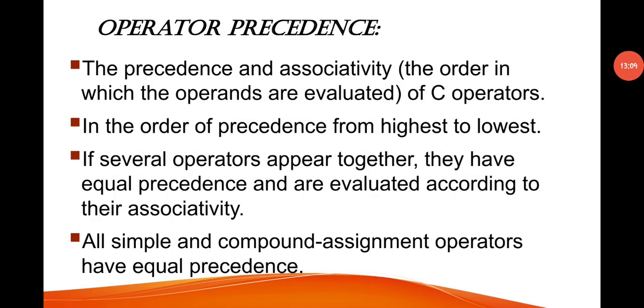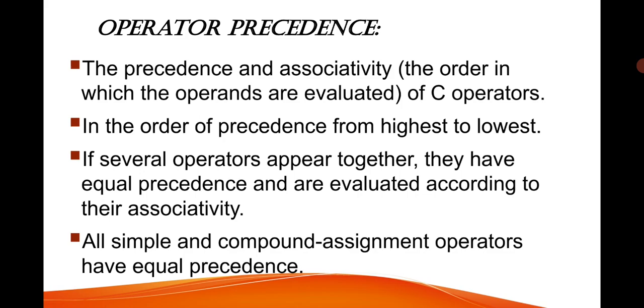Operator precedence. The precedence and associativity, the order in which the operands are evaluated, of C operators. In the order of precedence from highest to lowest, if several operators appear together, they have equal precedence and are evaluated according to their associativity.